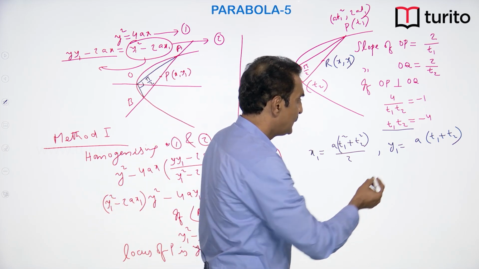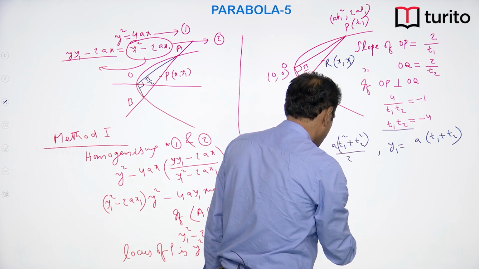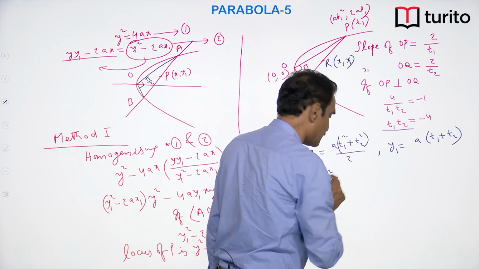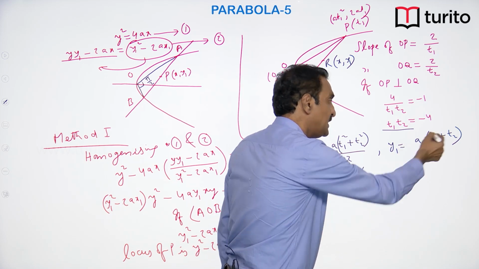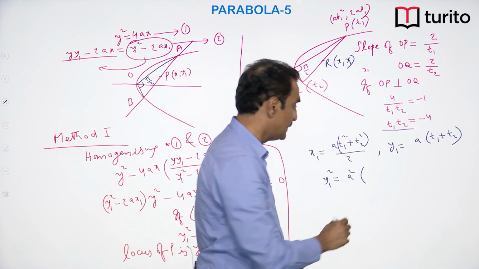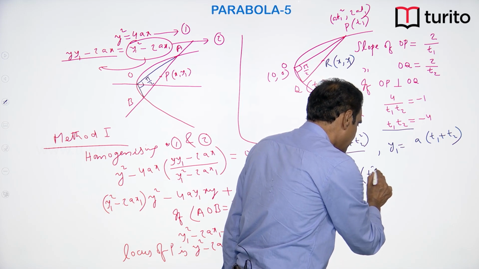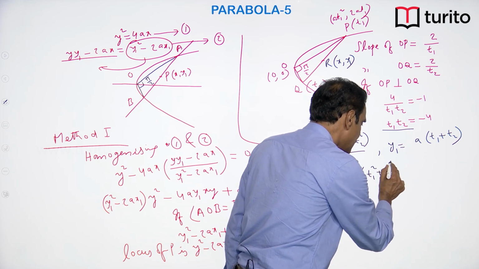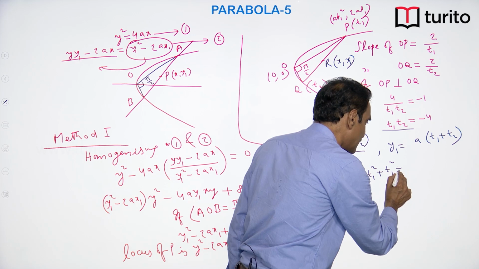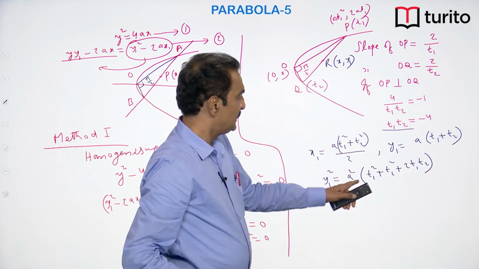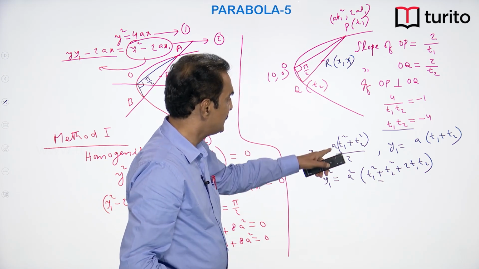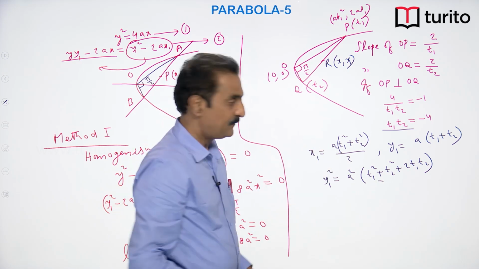What we will do? Let us square this second y coordinate. y1 square is equal to a square into T1 plus T2 whole square, which is T1 square plus T2 square plus 2 T1 T2. T1 square plus T2 square is 2x1 by a.